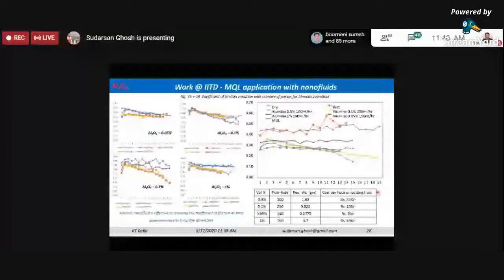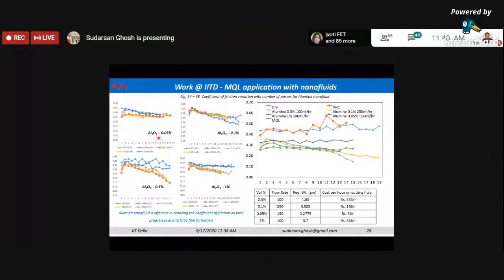So what we have done is that we have now used aluminum oxide at different percentages. We have used different percentages of aluminum oxide nanoparticles. We have prepared the nanofluids and we have used them. As you can see over here, as the number of passes increases, for almost all the aluminum nanofluids the apparent coefficient of friction is coming down.